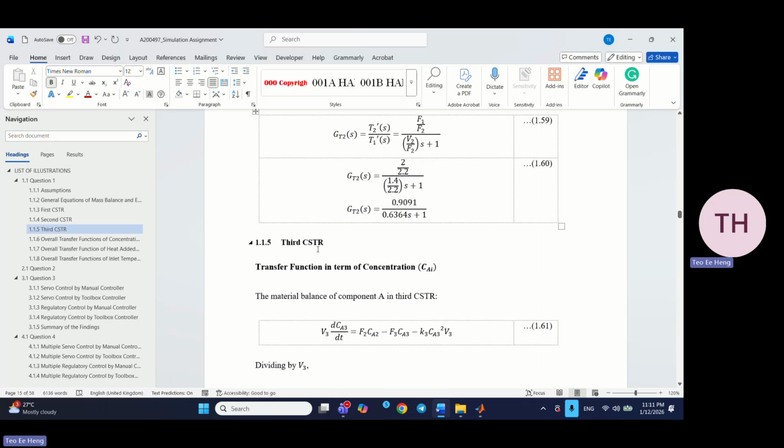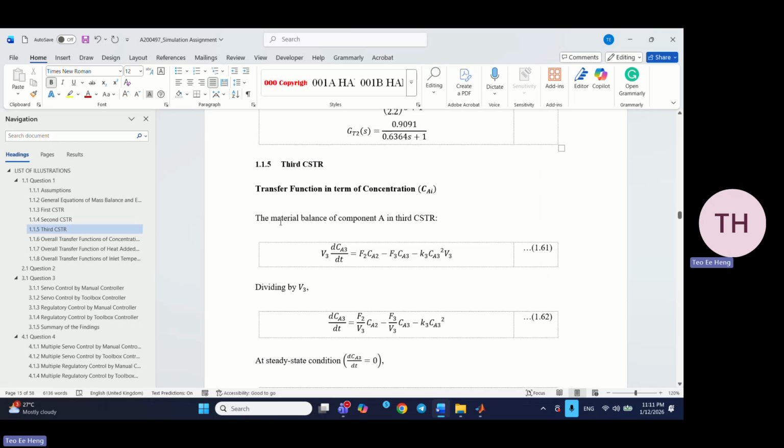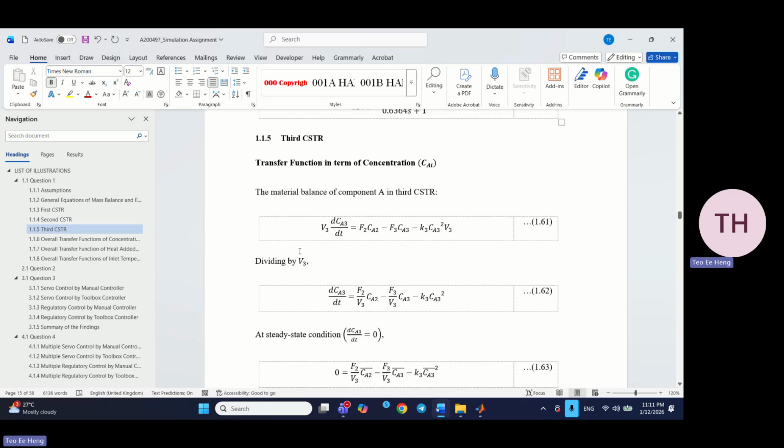But for the third CSTR, since the reaction is a second order reaction, the material balance is not similar to the previous ones. This is the general equation of the material balance of component A in the third CSTR.